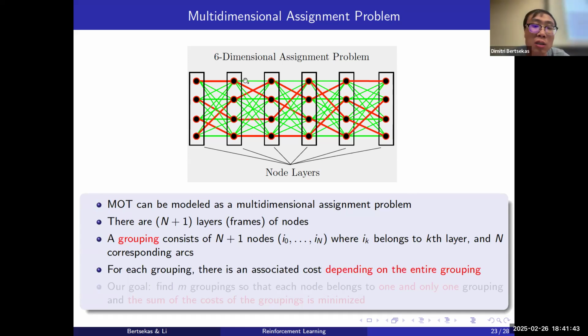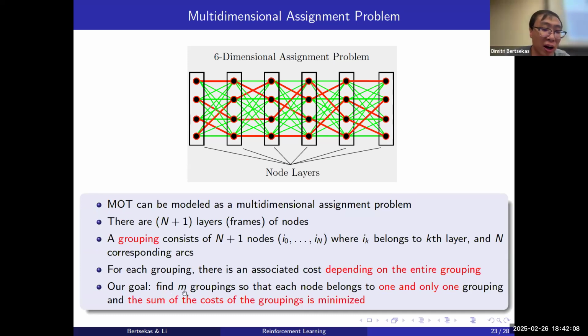For example, again in the multi-object tracking problem, it can be one that represents similarity of the objects in different frames, in a way to encode how good this grouping is.